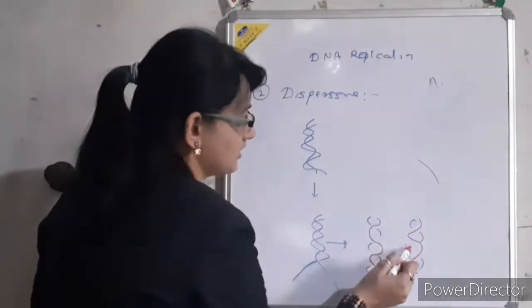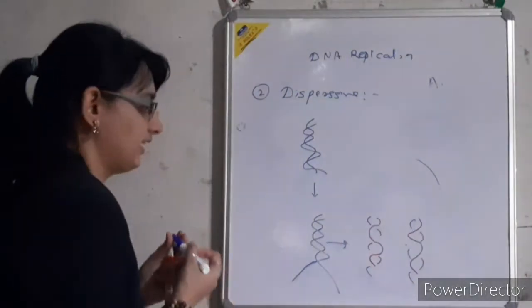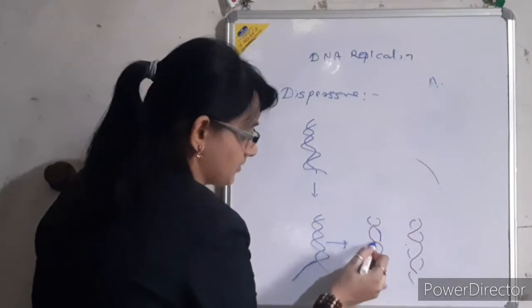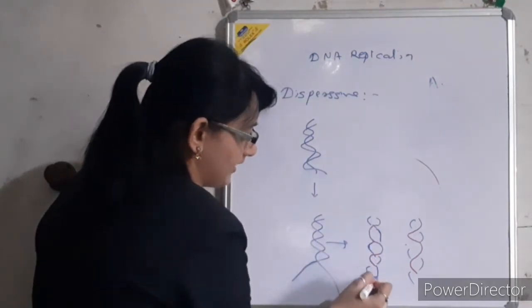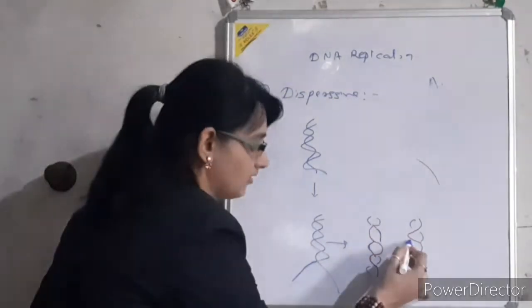This is called the dispersive type of DNA replication. One end is new and the other end is old.